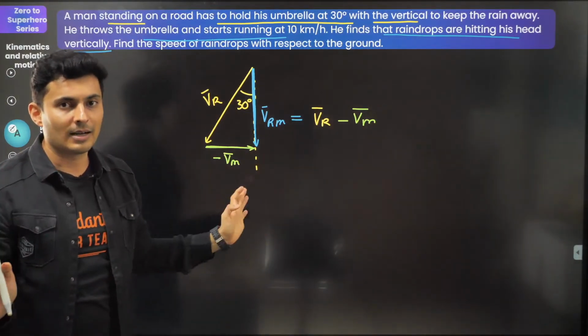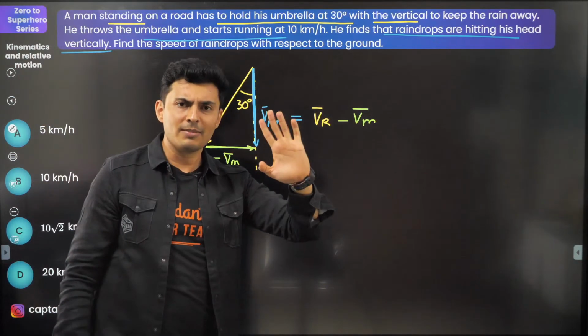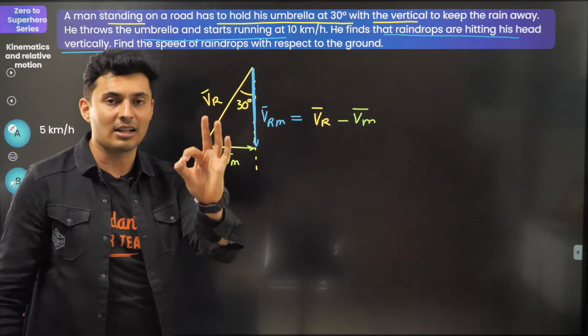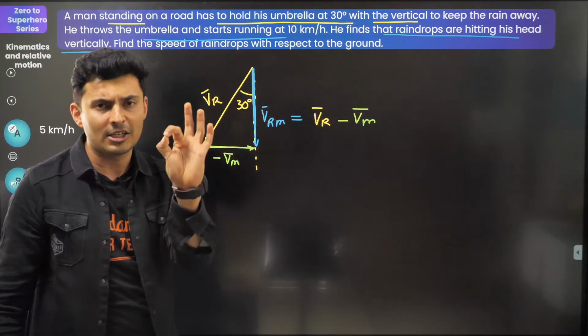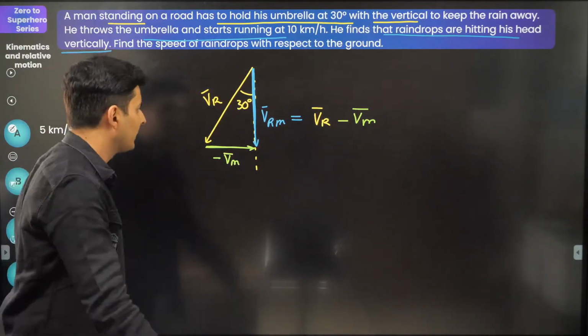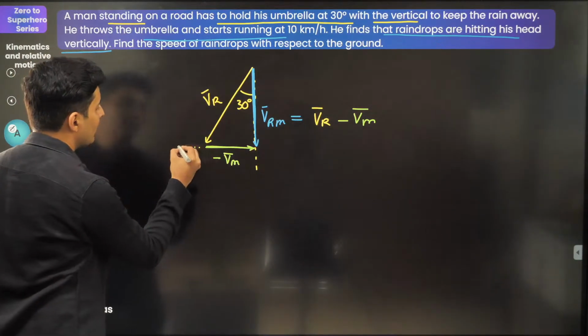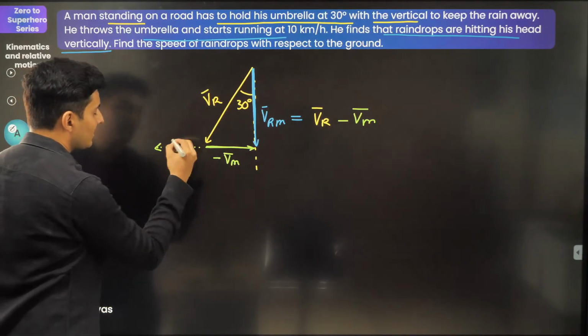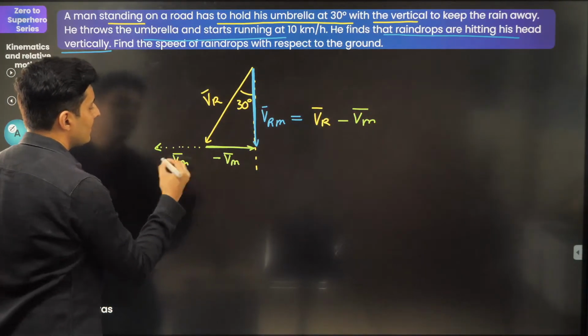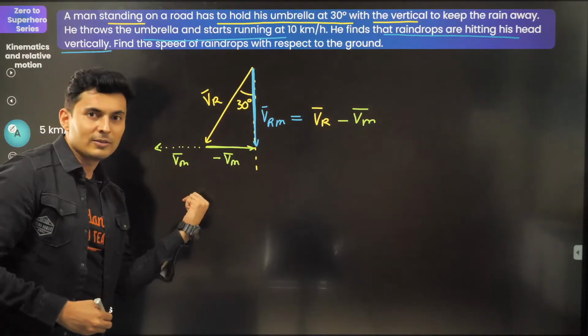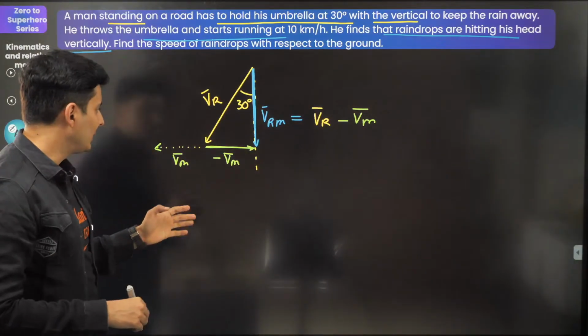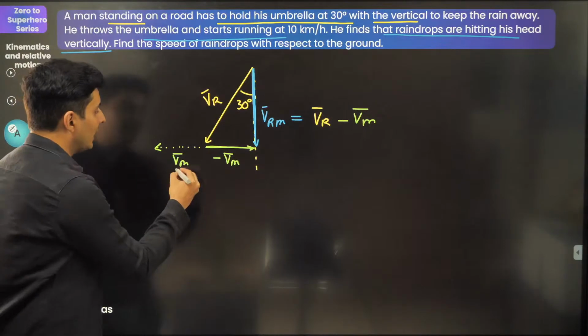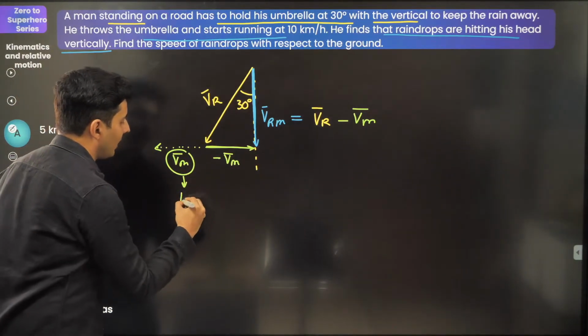Done. Triangle is completed. 90% of the time in rain-man problems it is just a triangle, simple vector addition, simple trigonometry and geometry. If VM is here, obviously minus VM is the opposite direction. Now it's given he's moving at 10, so this is 10.